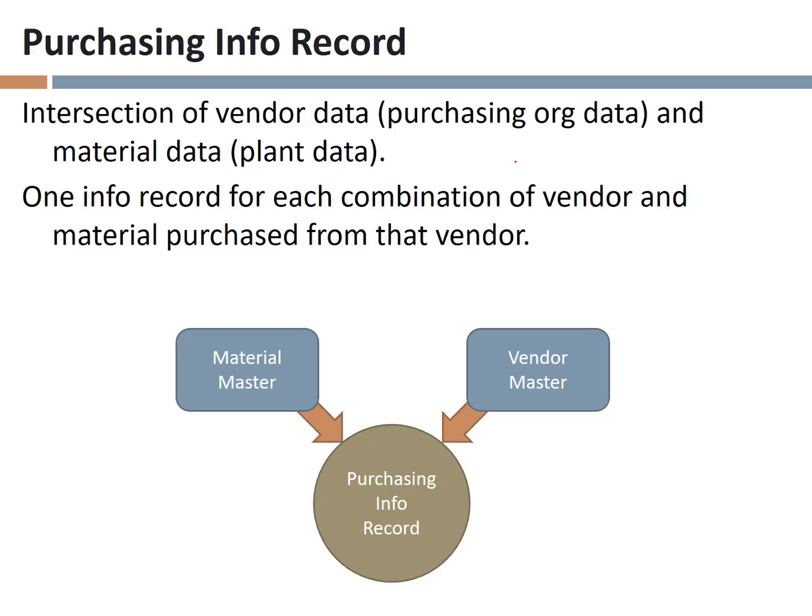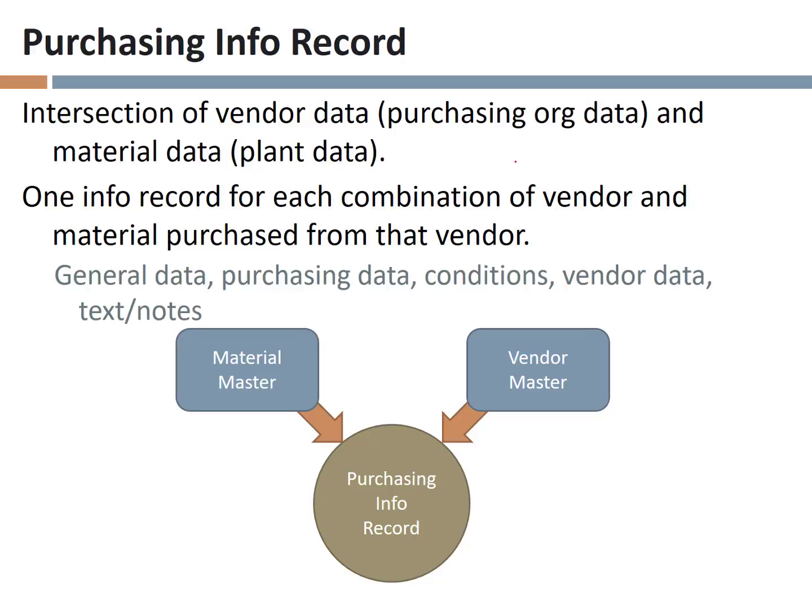What we have here is information that is a combination of vendor information and material purchase from that vendor. And we have the ability to have just general notes. We can keep track of purchasing information. We can keep track of conditions. We can keep track of vendor data. We can keep track of texts and notes.